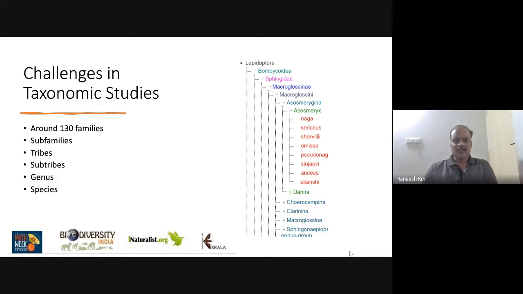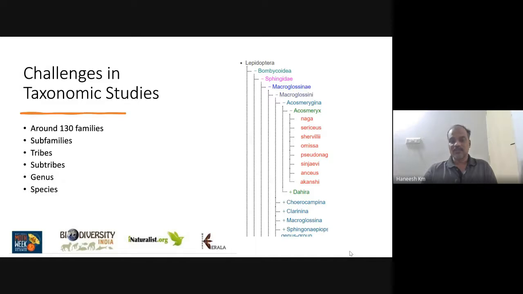Moth taxonomy is slightly complex, because the number of species, the diversity, is huge. In butterflies we have only a handful of families, but when you come to moths, we have around 130 families.